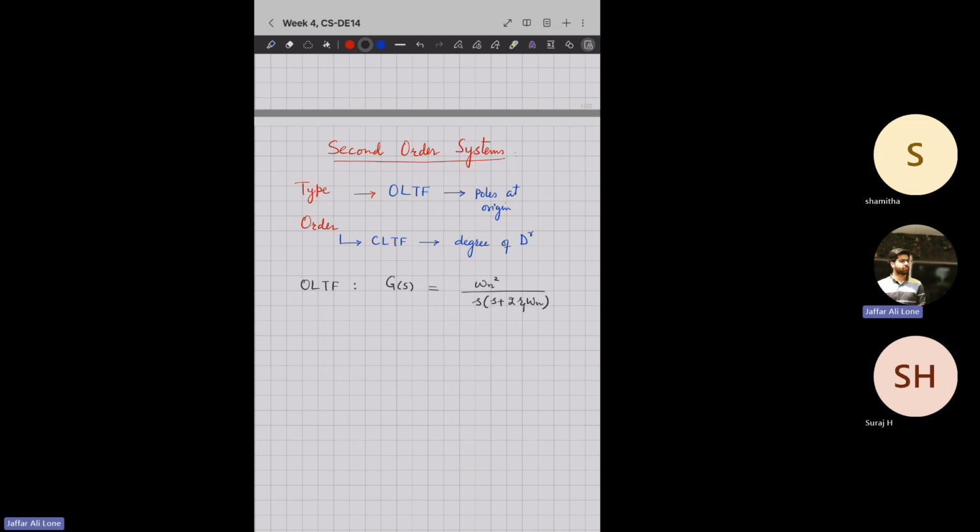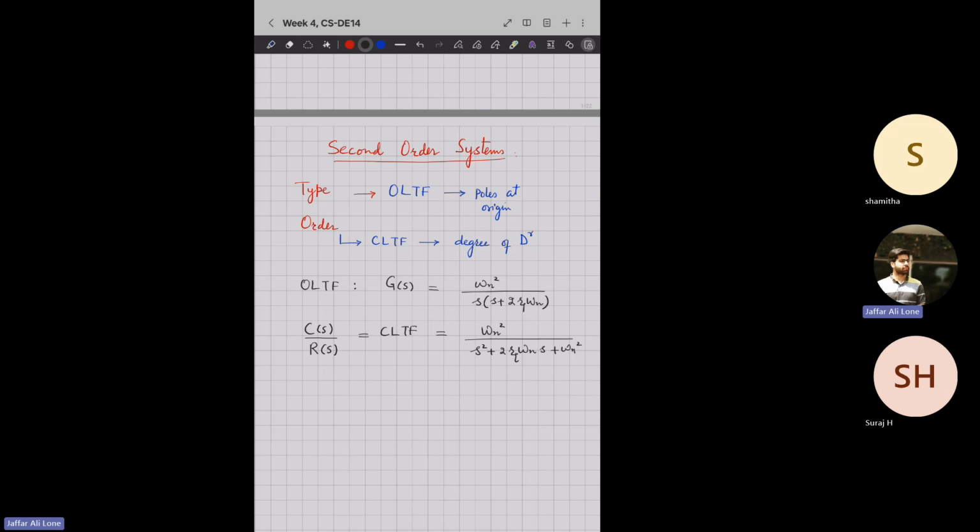When I write the closed loop transfer function CLTF, that will be C(s) over R(s), right? And we will get something like this: omega n squared divided by s squared plus 2 zeta omega n s plus omega n squared. This form is called the standard form of a second order system.